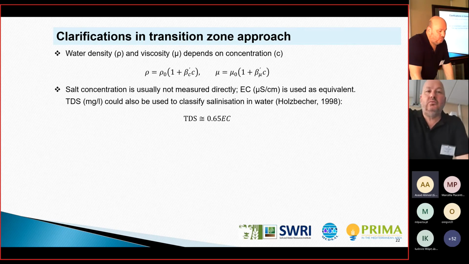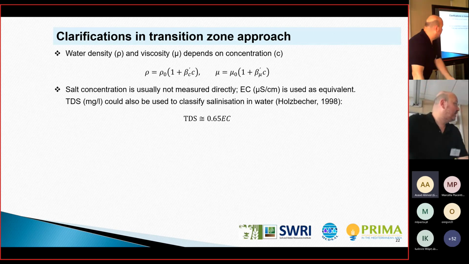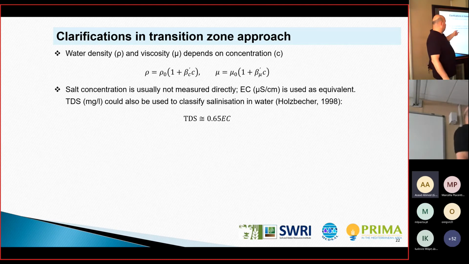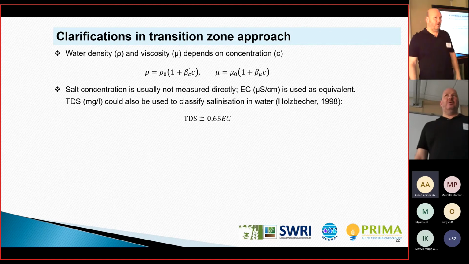To address this, we can use the total dissolved solids to classify the salinization in water, and we can go from one parameter to the other, from TDS to electrical conductivity, with a quite simple equation like this one.